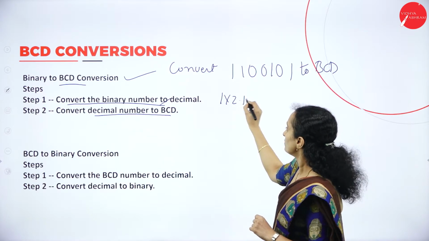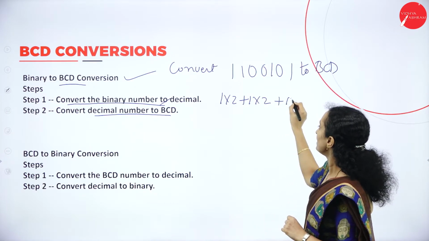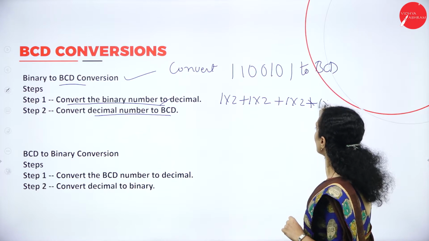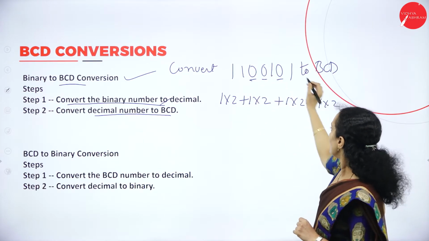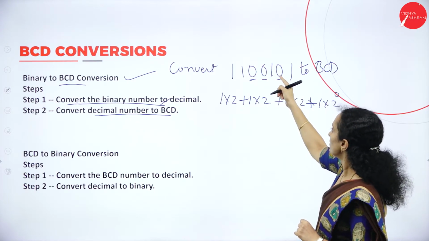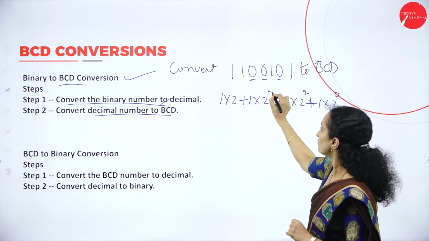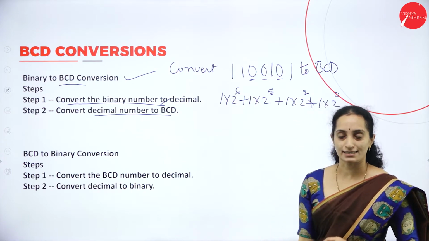I'll skip these zeros. Okay. You'll have 1 into 2 to the power of 0, 1 into 2 to the power of 2, and 1 into 2 to the power of 6, and so on.